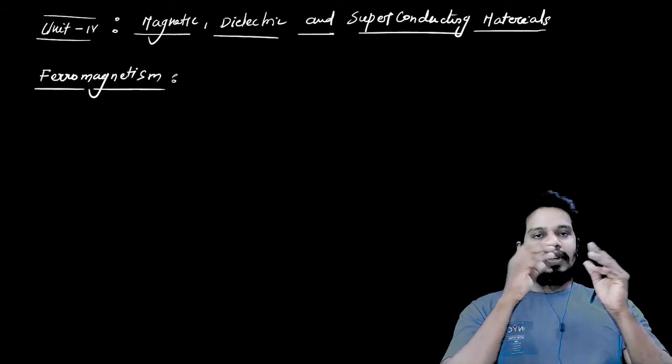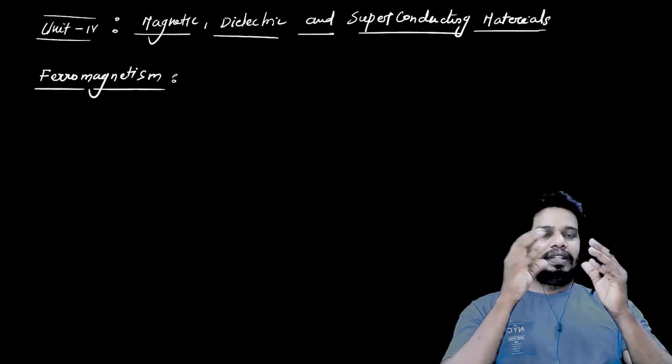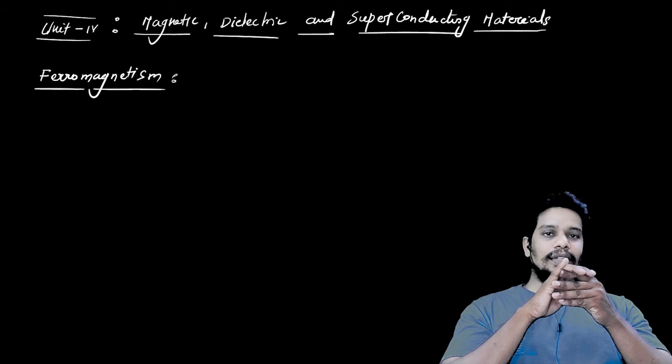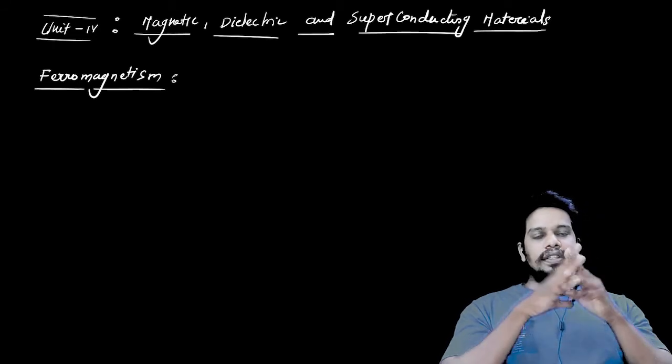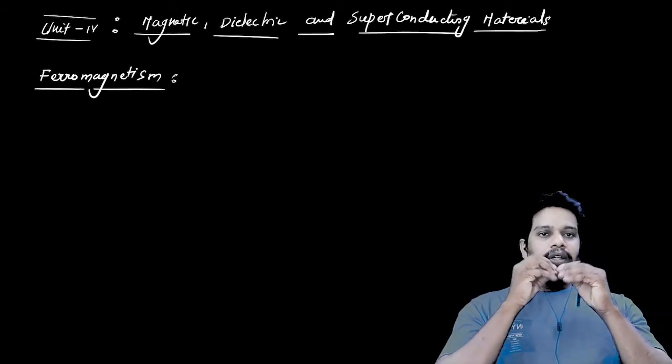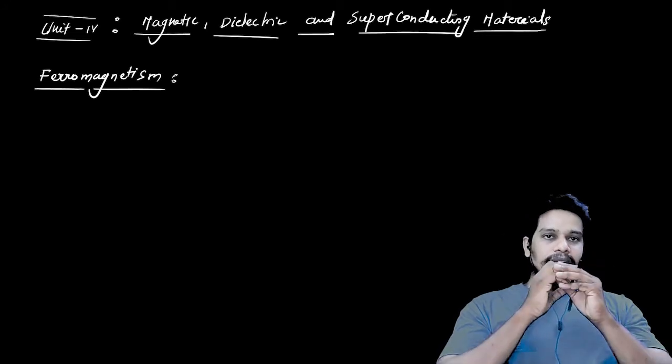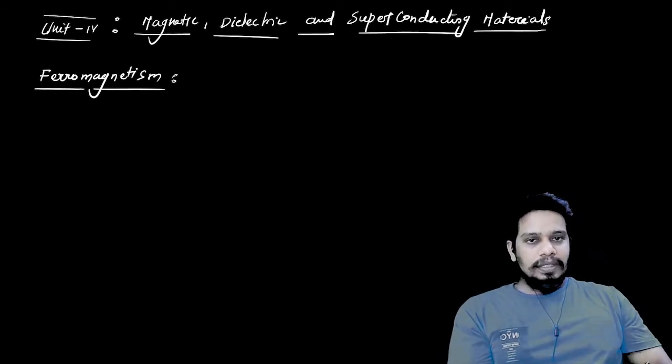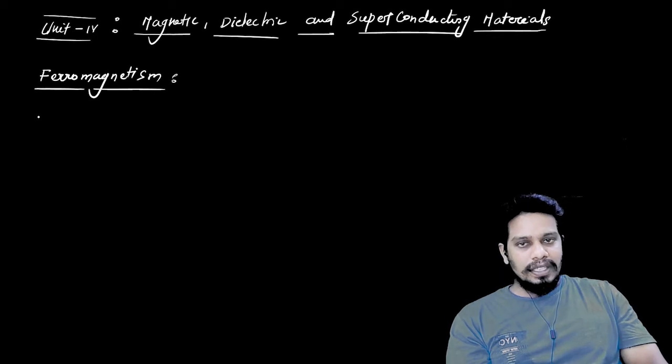But in the ferromagnetic material, if you observe it, you will see a lot of unpaired electrons. For example, if you take a ferromagnetic material, iron is the best example.